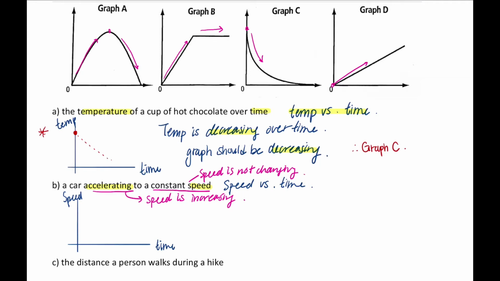So we can say that the car starts at a speed of 0 because it's probably at a stop. And then speed is increasing. And then after a certain point, speed does not change. And now you kind of see that this resembles graph B.